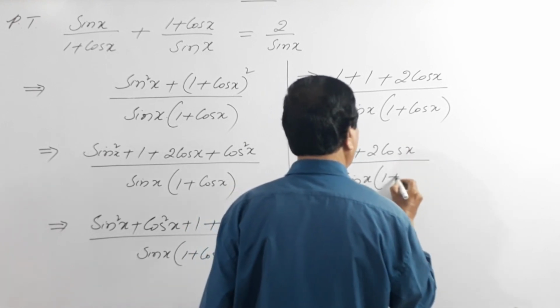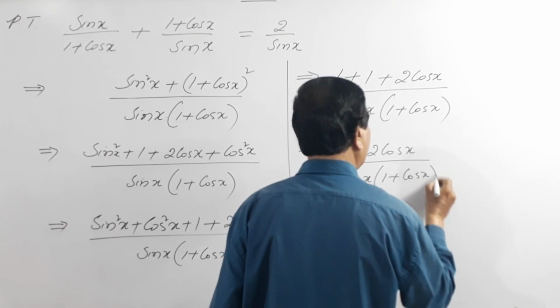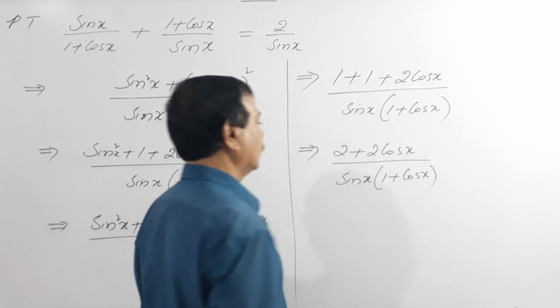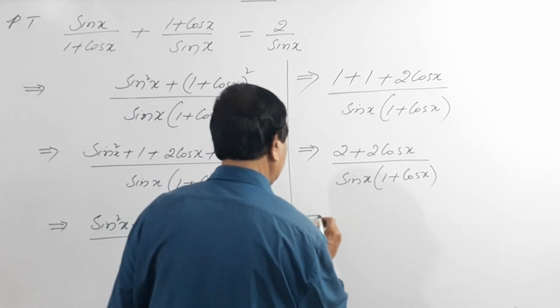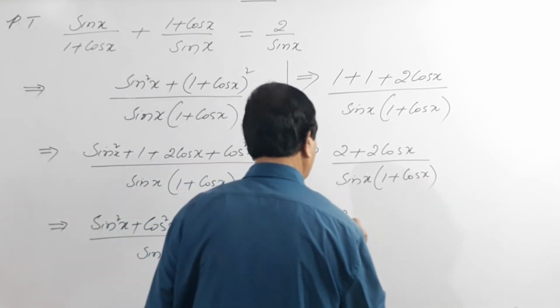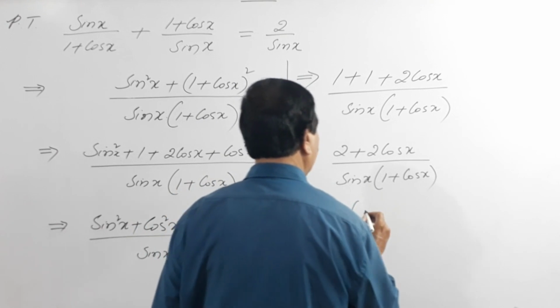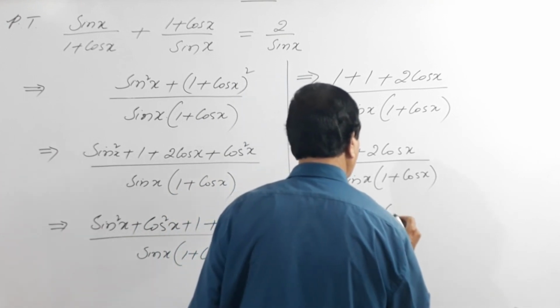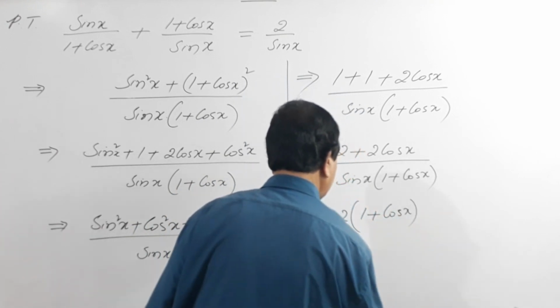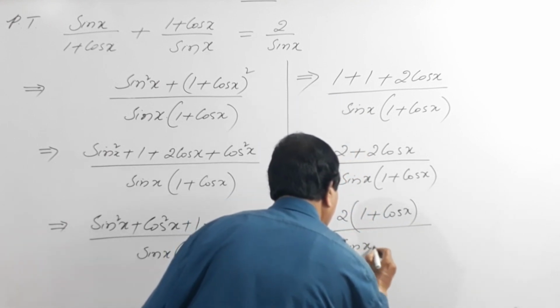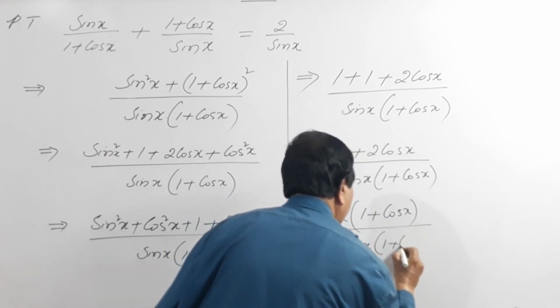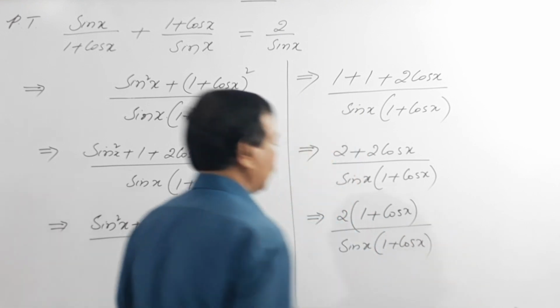sin x into 1 plus cos x. So 2 is common here, I'll take 2 outside. That becomes 1 plus cos x divided by sin x into 1 plus cos x.